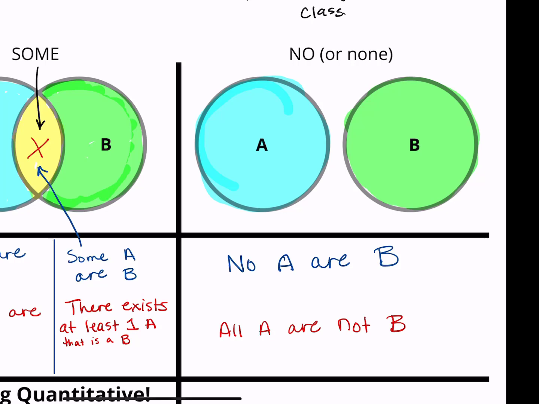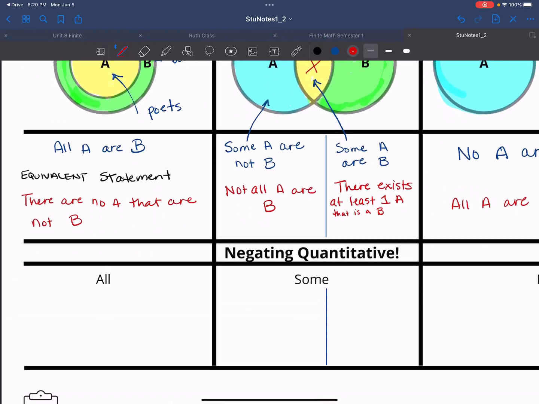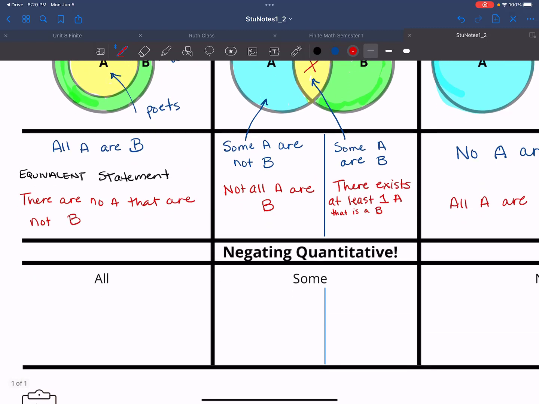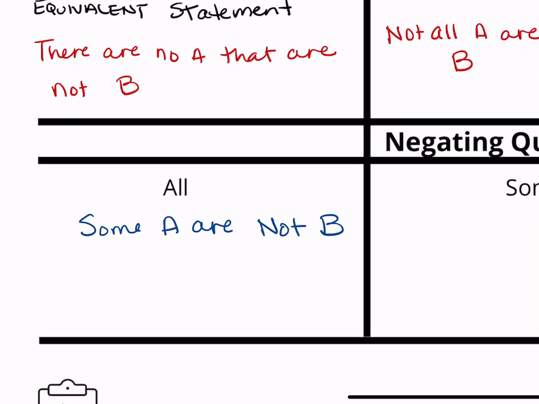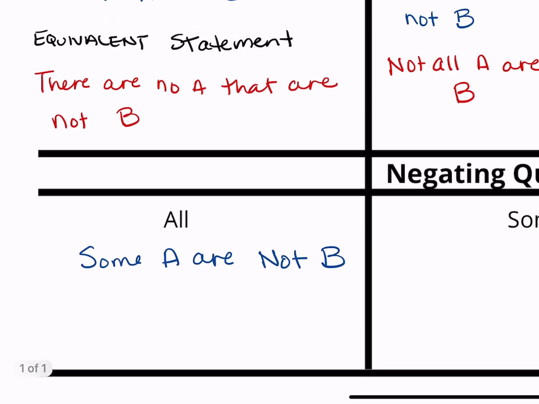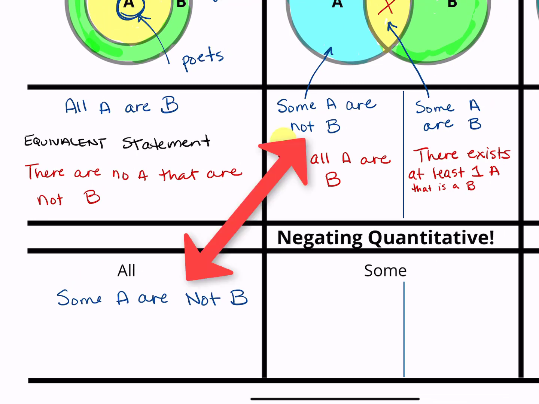Now we want to move down to negating quantified statements. Remember up here we had all. If we have all A are B, then the negation of that is some A are not B, meaning there's a little piece of this category on the outside of that circle of B. Notice we have a little bit of an overlap here: some A are not B. So what do you think the negation of that first statement is going to be?